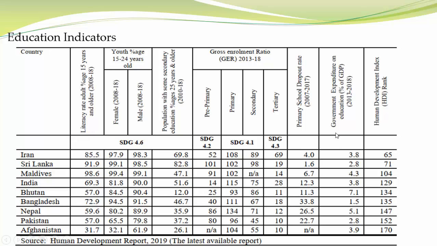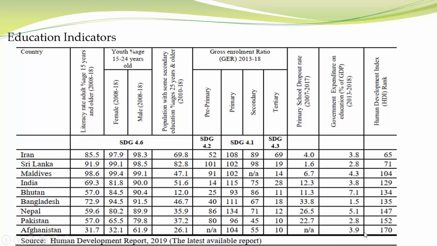Government expenditure as a percentage of GDP. From 2013 to 2018, the average expenditure as a percentage of GDP was 2.8% in Pakistan as compared to 3.9% in Afghanistan.